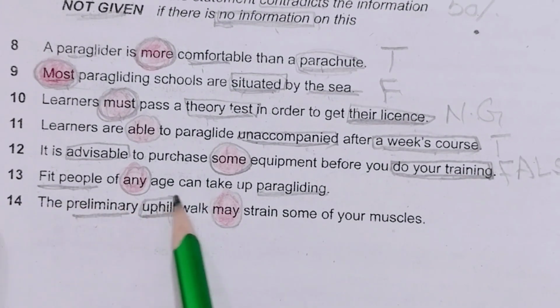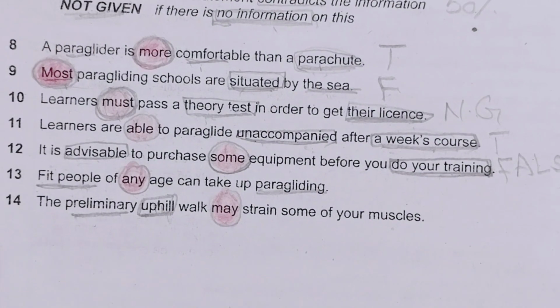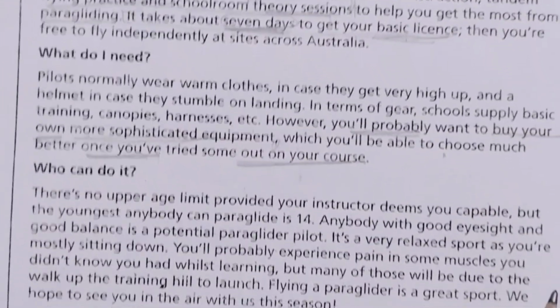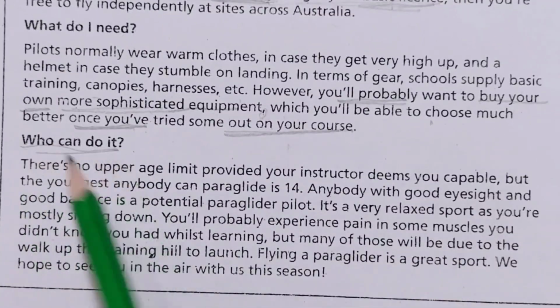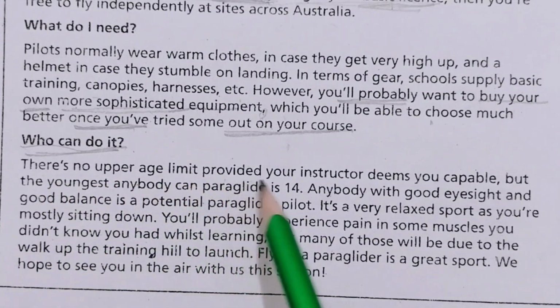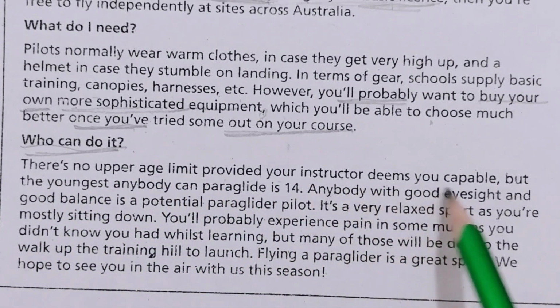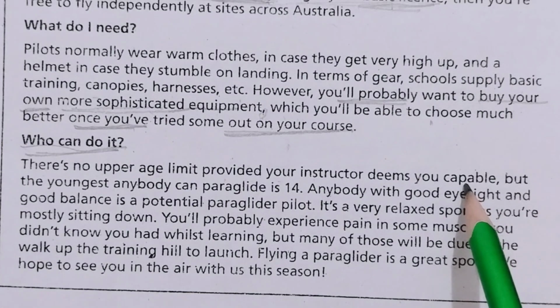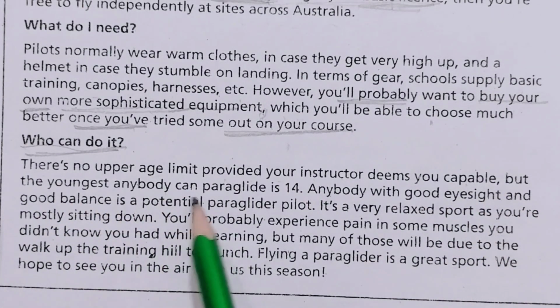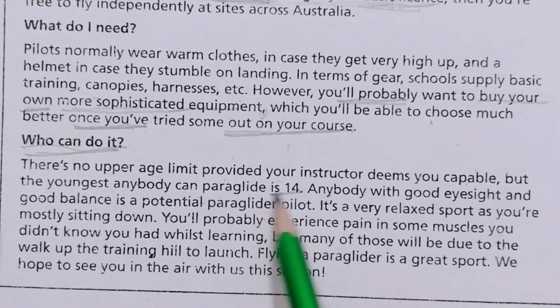Fit people of any age can take up paragliding. Fit people, any age. Now we will see who can do it. There is no upper age limit provided your instructor deems you capable. There is no upper age limit, but the youngest anybody can paraglide is 14.